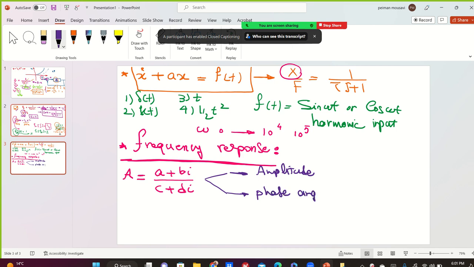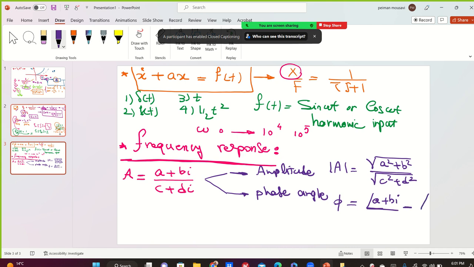The amplitude we write as the square root of a squared plus b squared over c squared plus d squared. The phase angle is the phase angle of the numerator a plus bi minus the phase angle of the denominator c plus di. These are trivial mathematics in complex numbers engineering.